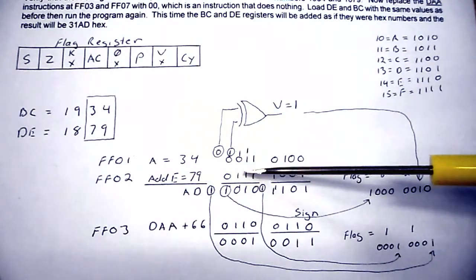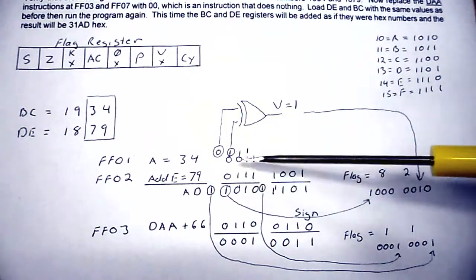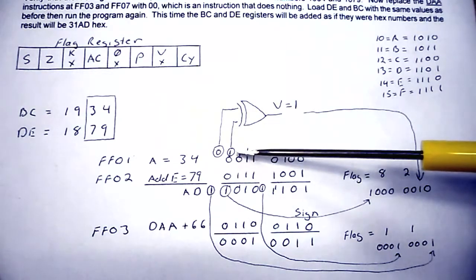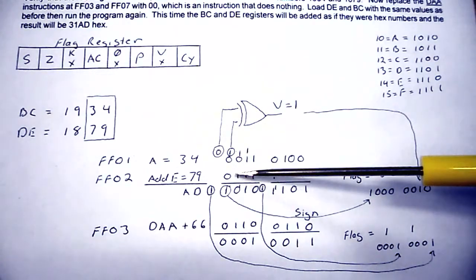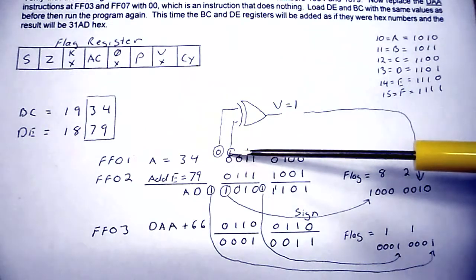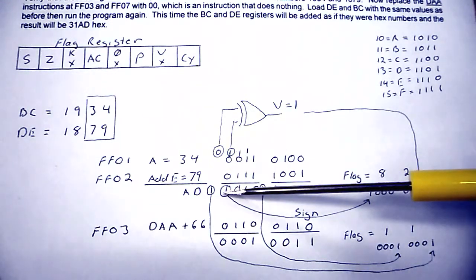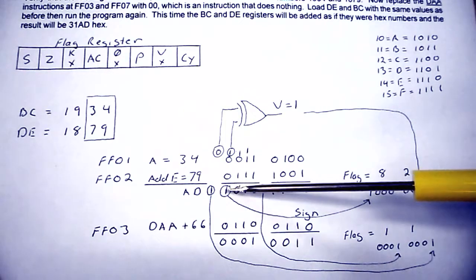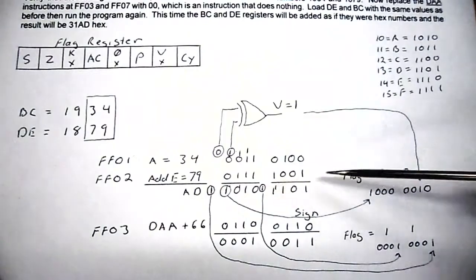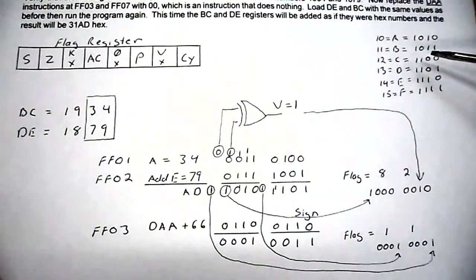So then 1 plus 1 plus the carry is 1, carry another 1. Then 1 plus 0 plus 1 ends up being 0, carry the 1, and then 1 plus 0 plus 0 is 1. So that's how we end up with AD. Remember 1010, and you can look back up here, 1010 is A.